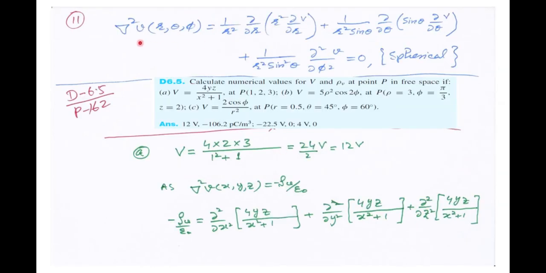You can also expand del square v in the spherical coordinate system. So del square v in the spherical coordinate system is equal to 1 upon r square times partial by partial r of r square partial v by partial r, plus 1 upon r square sine theta into partial by partial theta of sine theta into partial v by partial theta, plus 1 upon r square sine square theta into partial square v by partial phi square equal to 0.